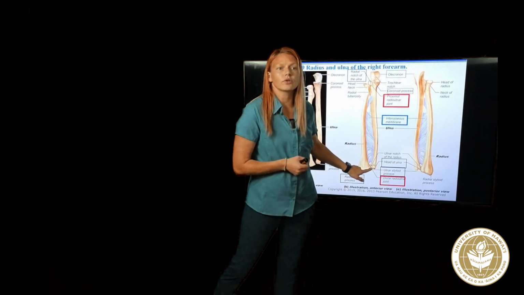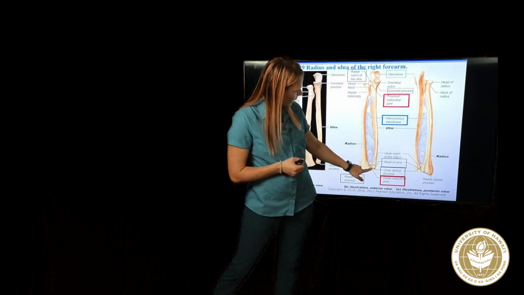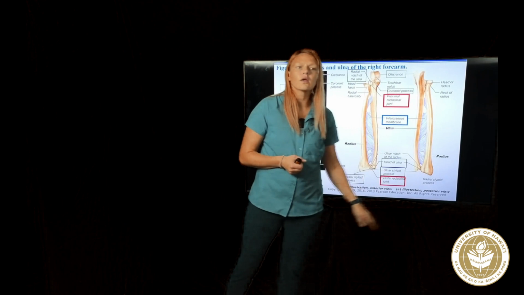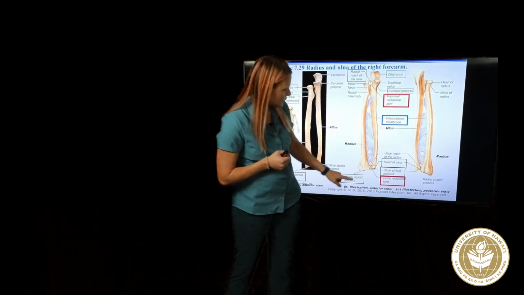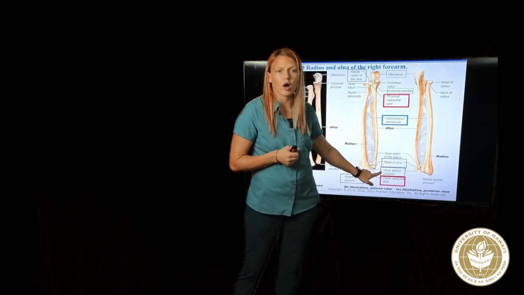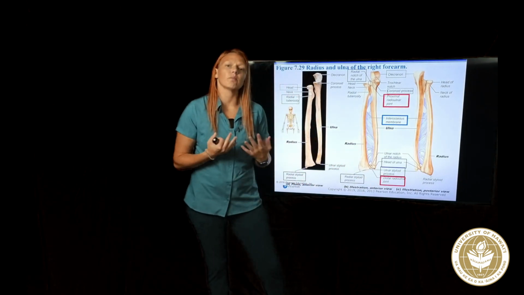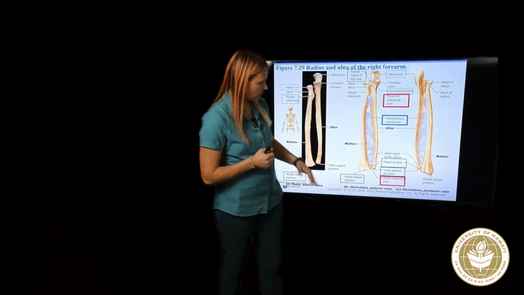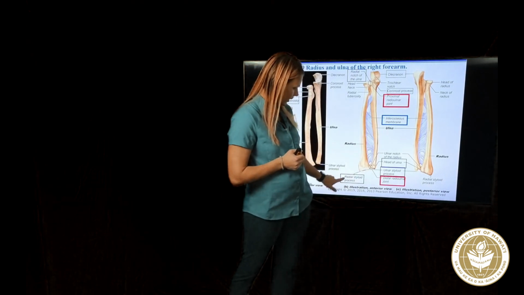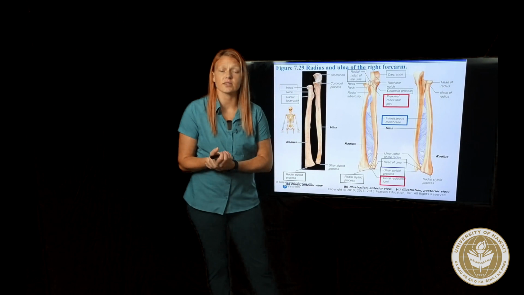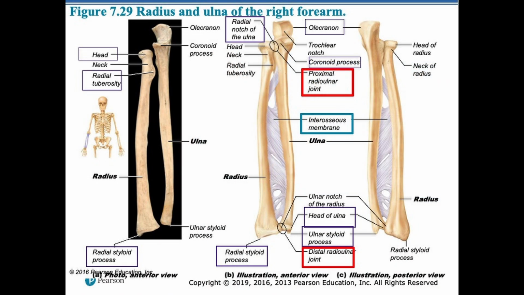Again, the ulnar notch is going to bind to the radius, but it also binds to this styloid process of the wrist. So at the bottom of the radius, right here, this radial styloid process, is where we see our wrist start to form.